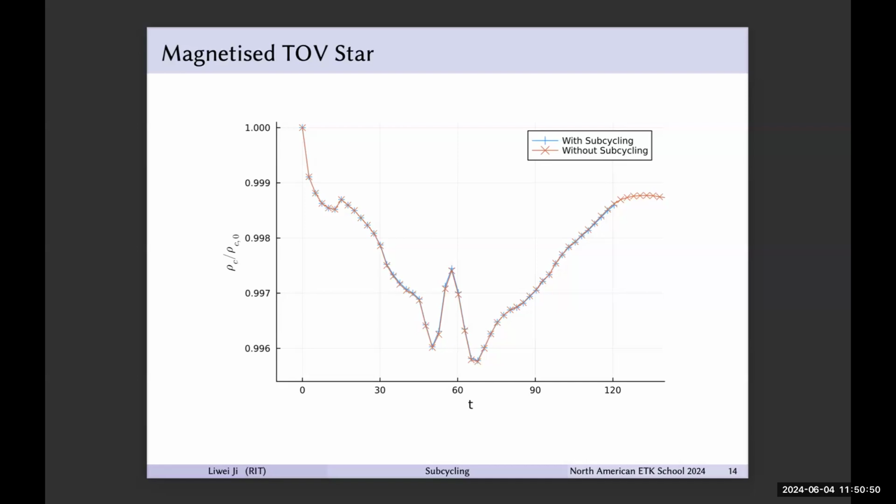I also use 2 different colors to represent the 2 situations with and without subcycling. Those are good trials of this implementation. So this is the accuracy of the new subcycling implementation inside CarpetX.